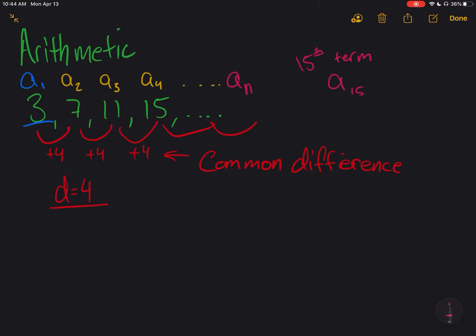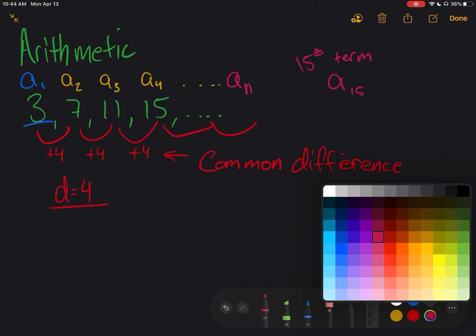So those are some of our important terminologies that we'll use. The last important thing is just that we like to label each term, right?